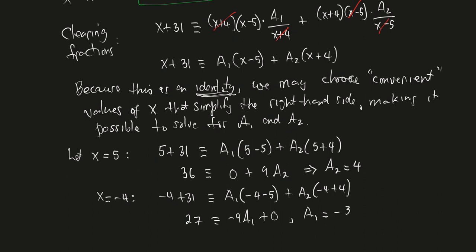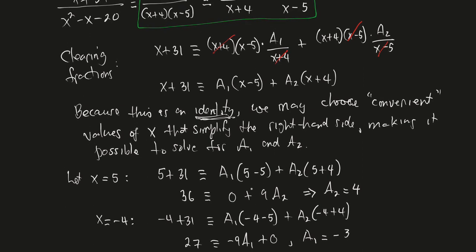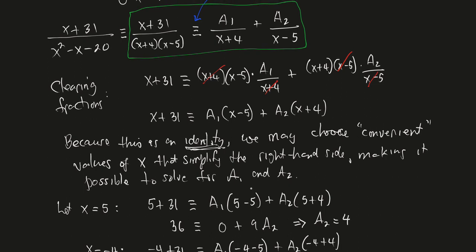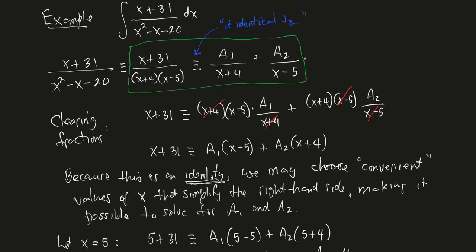So with this, I can complete my partial fraction decomposition. Remember up here, I can go back up and write that completed form. So I can say that this is now identical: my a1 was -3, and my a2, we got that to be 4.